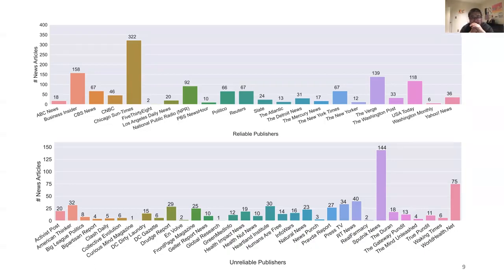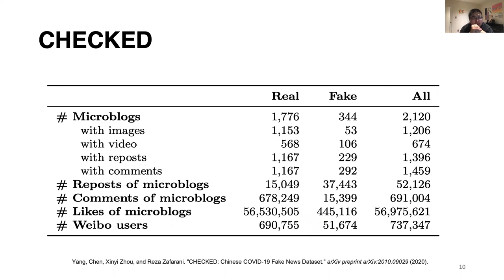They also categorize the publishers as reliable or unreliable, and this is a histogram of both types of publishers and the number of news articles they published. Similarly, the same group of authors constructed a misinformation news article data set for Chinese news, and this is the summary statistics of that data set.